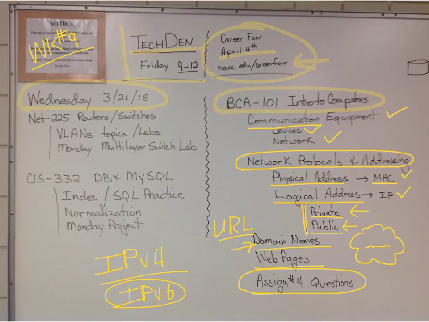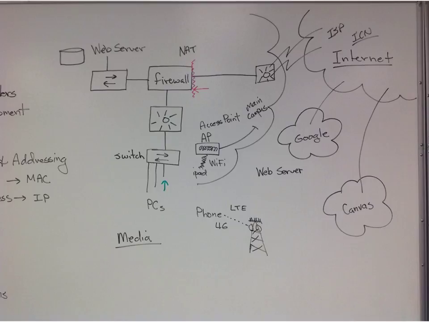Alright. This next slide, I'll try to go over it a little bit like how it developed. First of all, we have the Internet, and we have where we connect into the Internet.